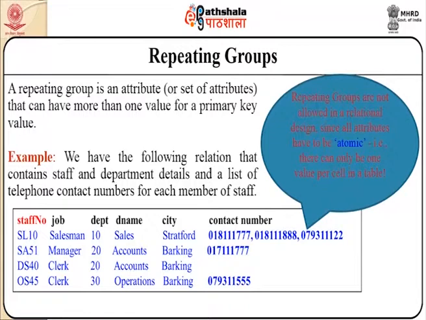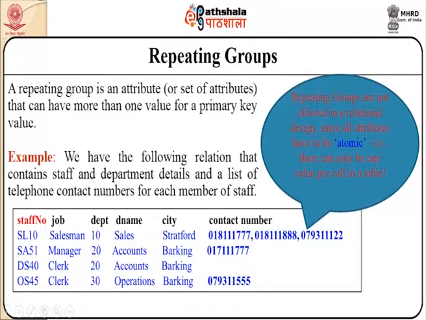So, how this can be converted is a simplistic solution being contact number 1, contact number 2, contact number 3, since the entire table has a maximum of 3 contact numbers.